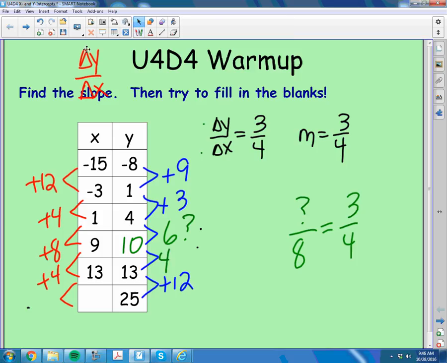Now on that last one, I know you can set up a proportion, but there's another thing you could have done. You might do something where you didn't set up a proportion and still understood how to get that one. Tristan, what'd you do? You could even do this, by the way.